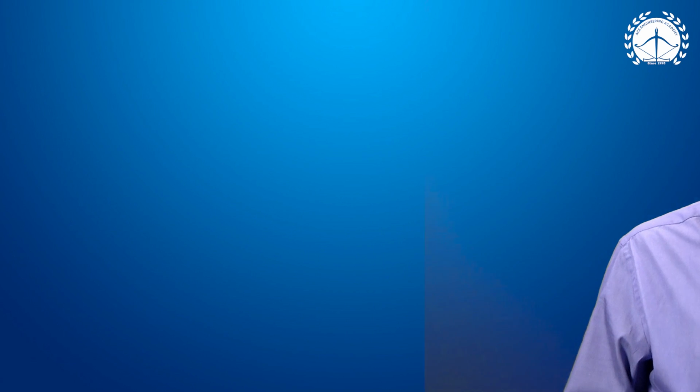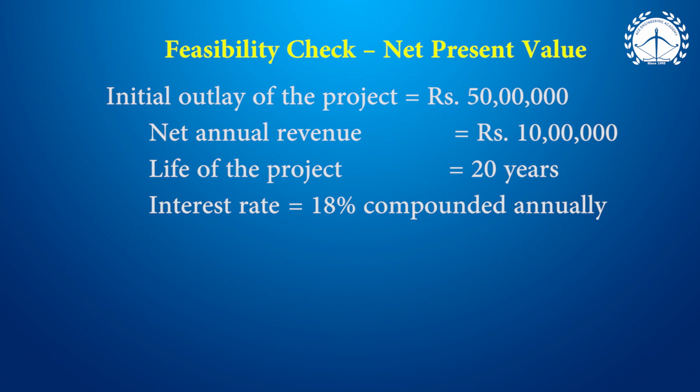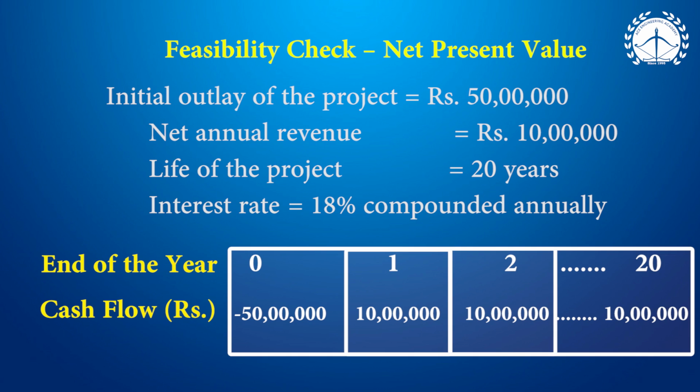Let us consider one simple example. We are going to start a project with some amount, like 50 lakhs. Annual revenue every year we are going to generate is rupees 10 lakhs. Life of the project is 20 years. The rate of interest, say 18%.